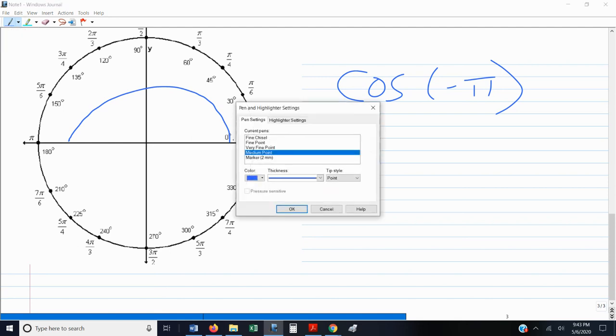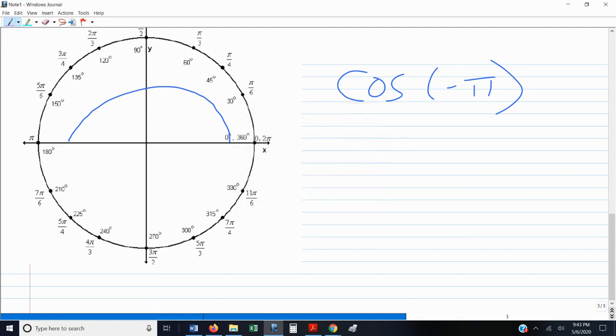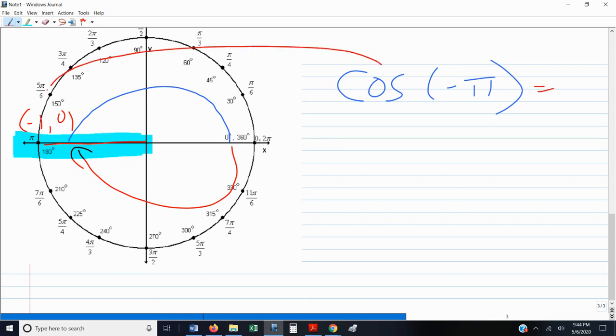Negative pi is going to be going the same distance in the opposite direction. 180 degrees or 2 quadrants, you're actually still going to get to this point. The coordinates there are -1, 0, right? You're going left on the x-axis to -1 because the radius of the unit circle is 1. You're not going up or down, so that y value is 0. The cosine is the x value, so you're at -1.